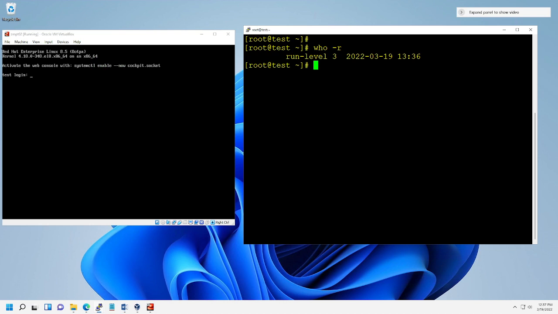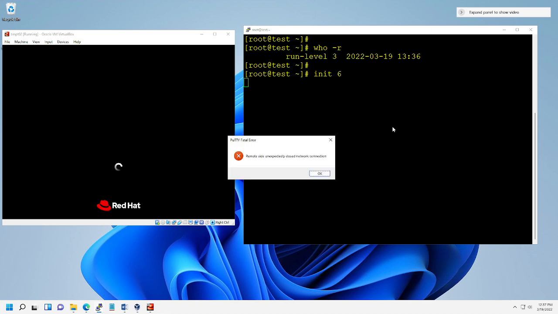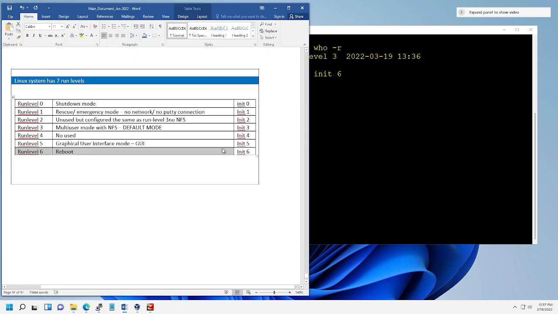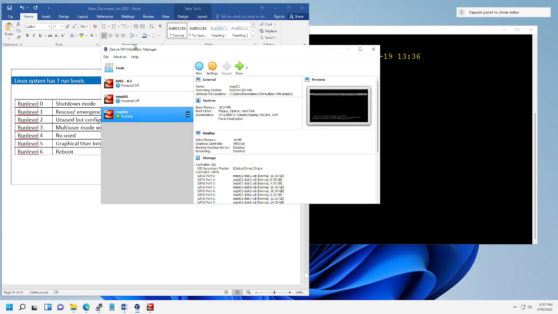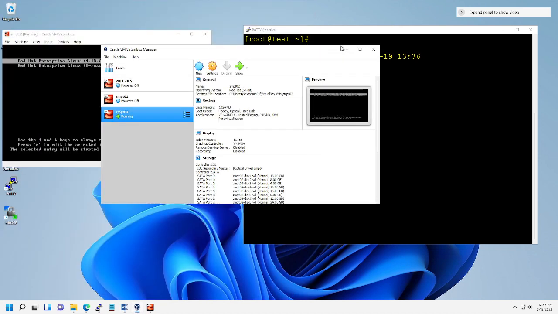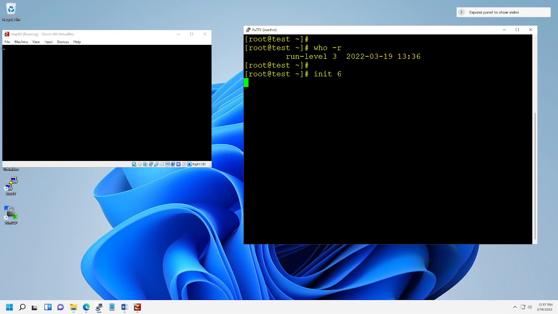So if I do init 6 and hit enter, the system restarts and the network connection is going to be disconnected. The commands are over on this right side here, okay? So the system is coming back up.